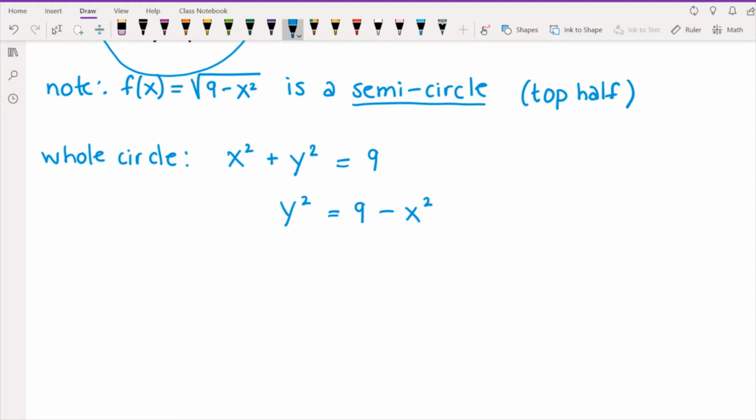Basically, and I don't want to spend too much time going into exactly why this is, but if you have something like y squared is equal to something else, remember that means that y could be positive or negative. So when we take the square root of both sides, we would actually get plus or minus the square root of 9 minus x squared.